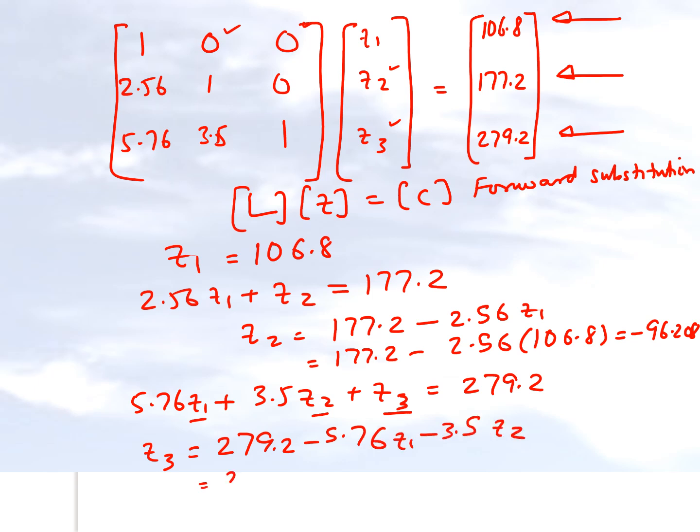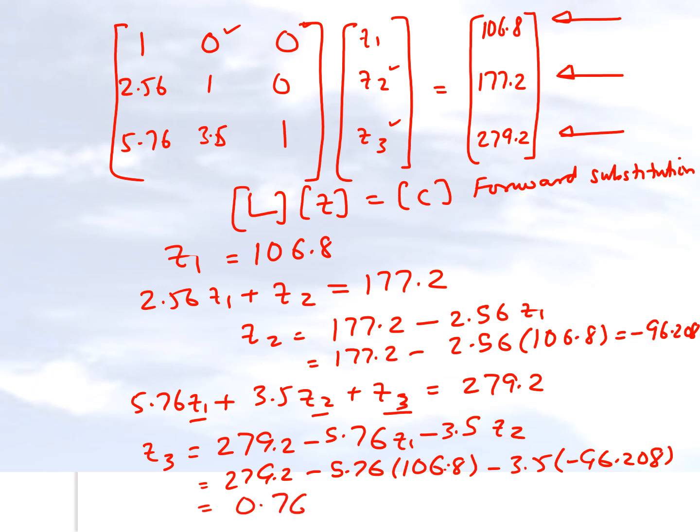And now we can substitute the values of Z1, which is 106.8, and Z2, which is minus 96.208. Having said that, we'll be able to find out the value of Z3, which is 0.76.